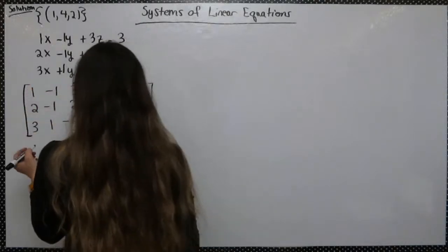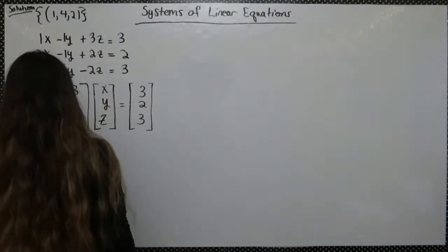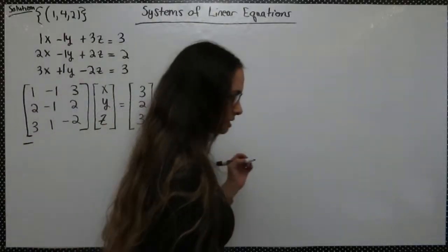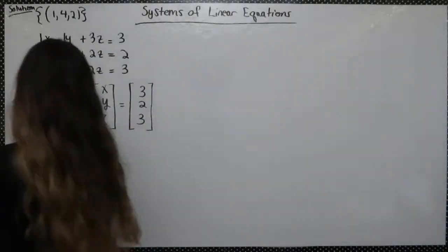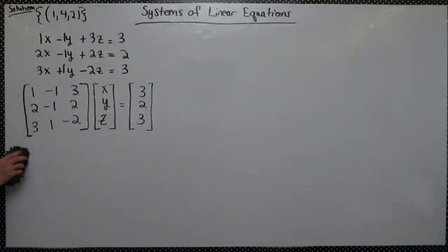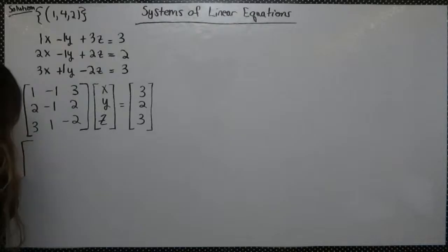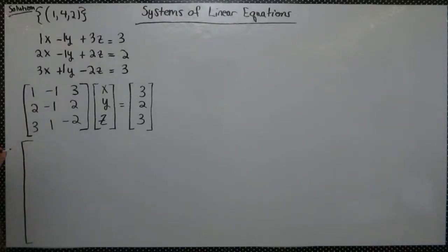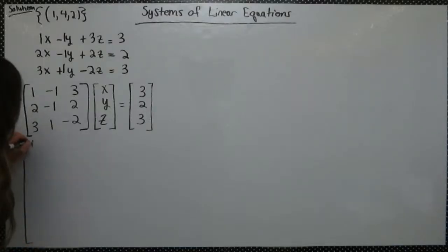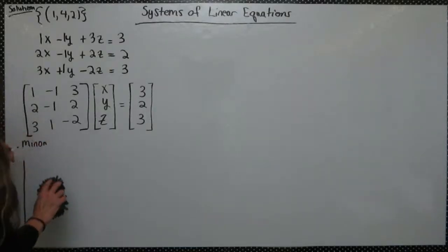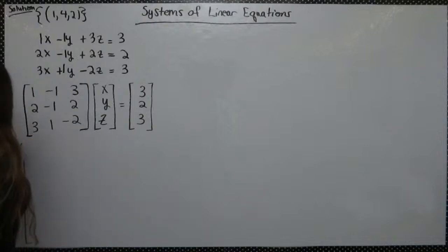And then we're actually going to calculate the determinants of the minors, and that's going to become your matrix of minors. So I'm going to try and fit it in here. And let's go ahead and abbreviate this. I'll put matrix of minors.